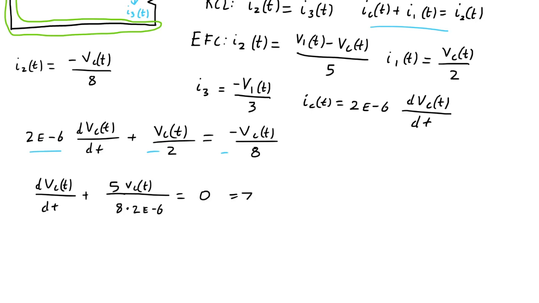So I'm going to go ahead and just write it again in a nice way. That's going to become VC(t), and then 1 divided by 3.125. And that is actually tau.